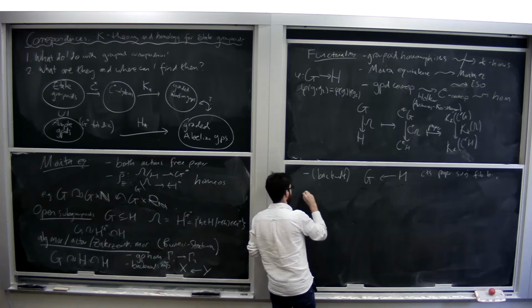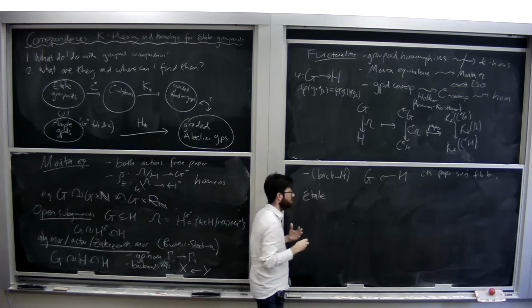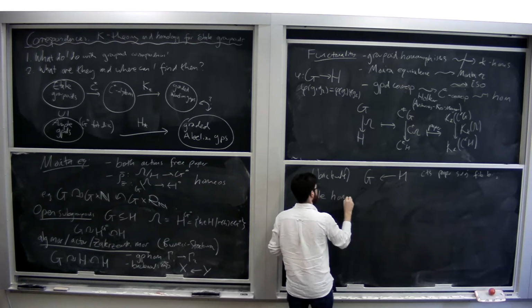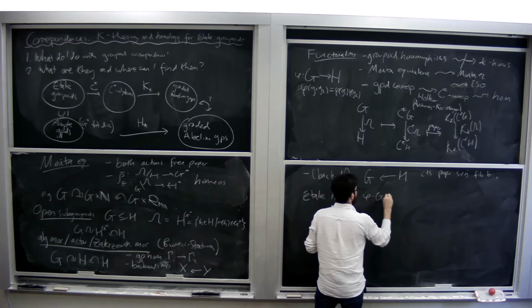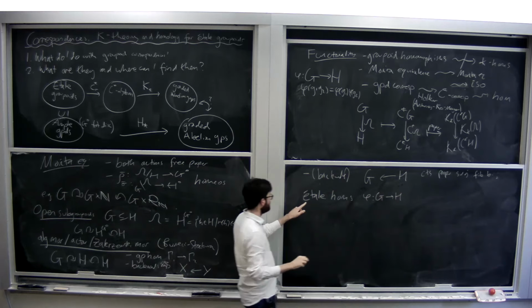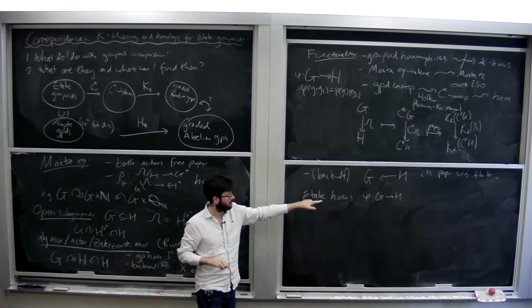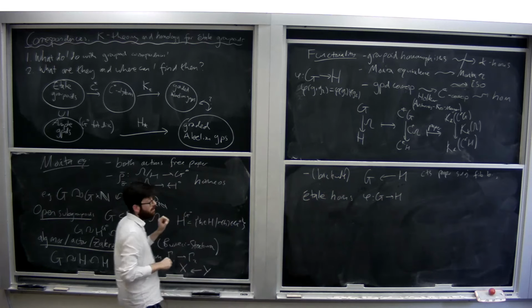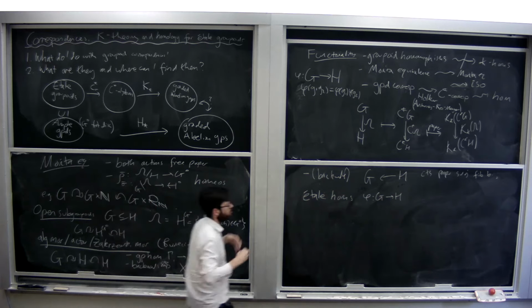So actually we get homomorphisms in the forward direction. Following this, étale means that as a map of spaces, I want this to be a local homomorphism. And then I'm going to be able to build a proper correspondence.